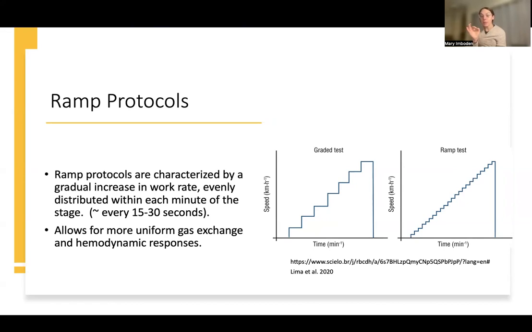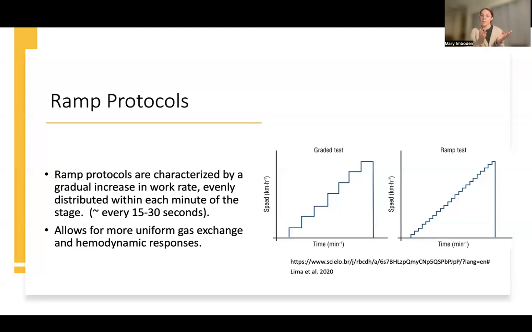Whereas in the ramp test, you're seeing smaller little stairs, but over the same time frame. So after, let's say, 3 minutes, you're at the same level as the stair in the graded test. You're just doing smaller changes, let's say every 20 seconds, to get to the same level at 3 minutes, and then smaller changes to get to the same level at 6 minutes, as you see with the graded test. So it really does allow the body to adapt and compensate a little bit easier, for more uniform gas exchange.